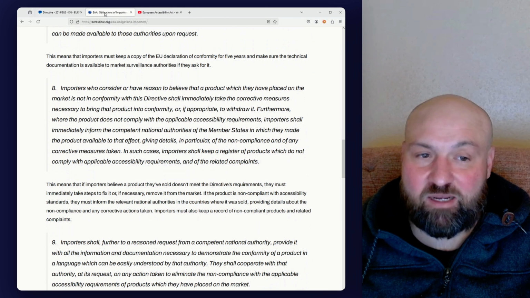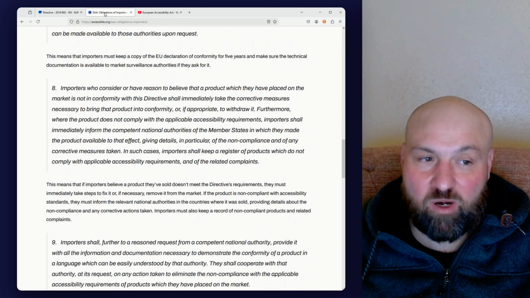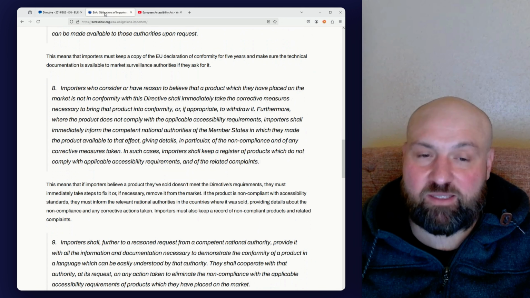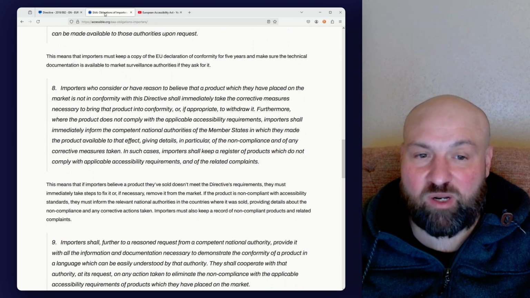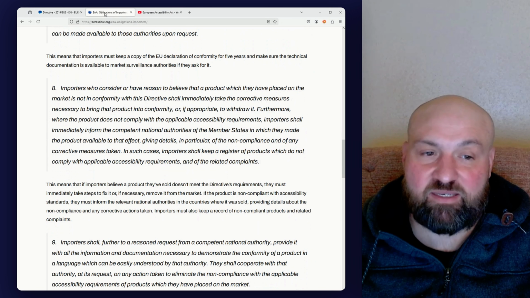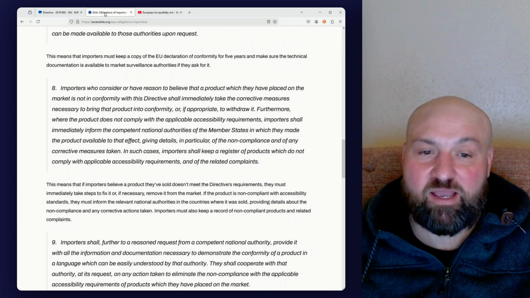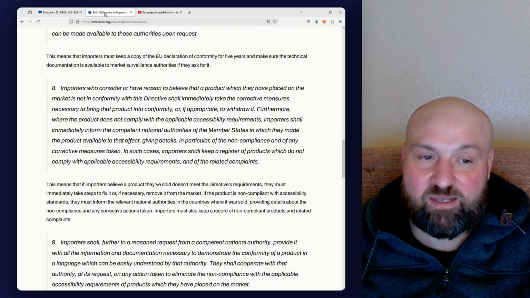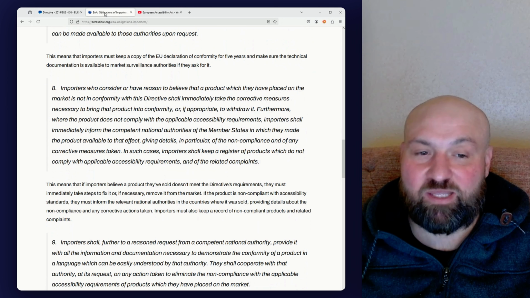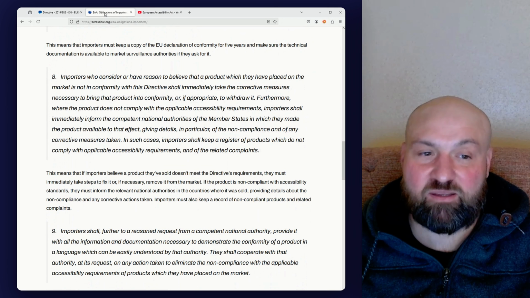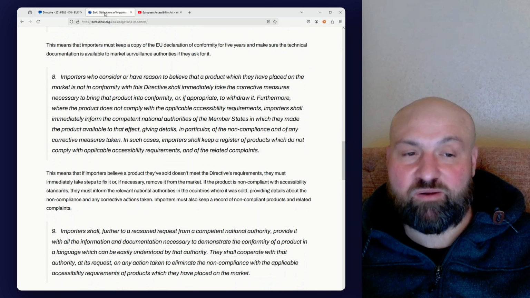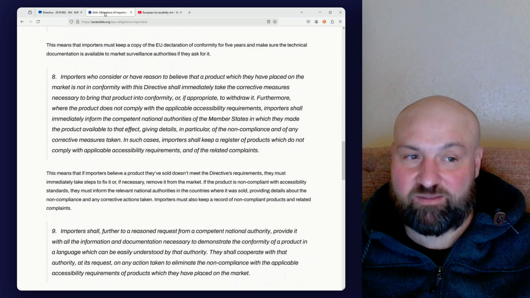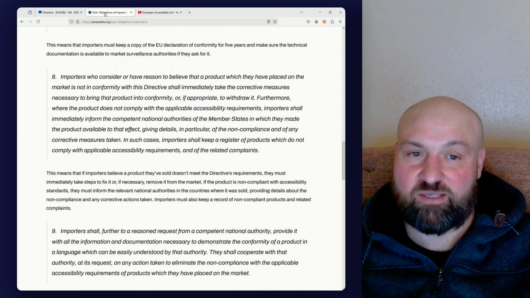Furthermore, where the product does not comply with the applicable accessibility requirements, importers shall immediately inform the competent national authorities of the member states in which they made the product available to that effect, giving details in particular of the non-compliance and any corrective measures taken. In such cases, importers shall keep a register of products which do not comply with the applicable accessibility requirements and of the related complaints.